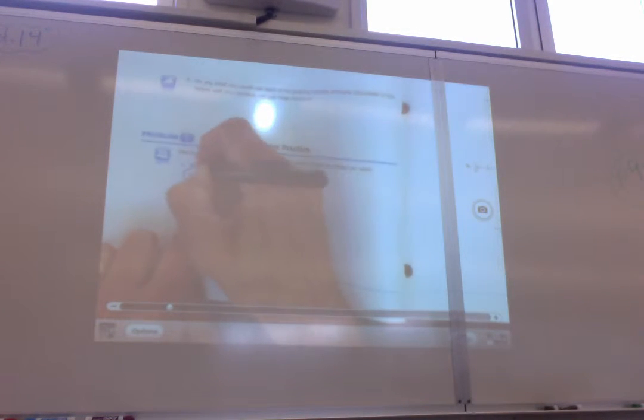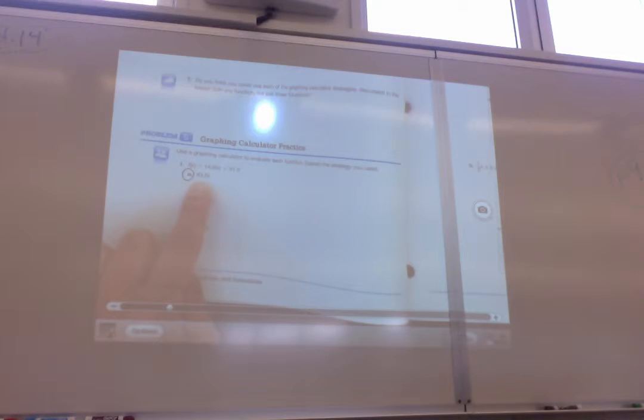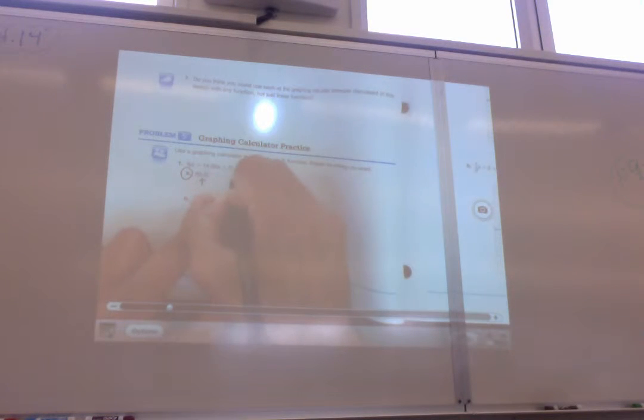New function. Andy? When they put a number inside the parentheses of a function, they're saying sub that in where the x is, or where the variable is. So this is not dealing with exchanging money. This is a whole new function.